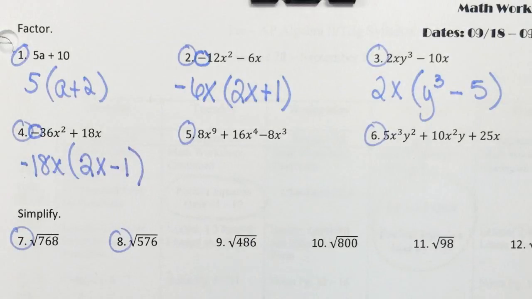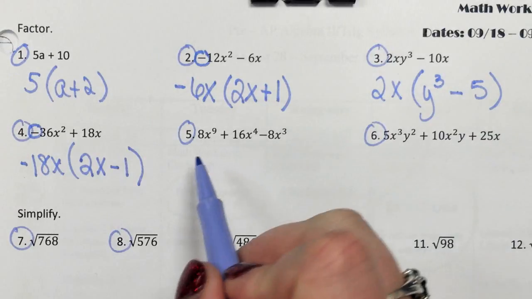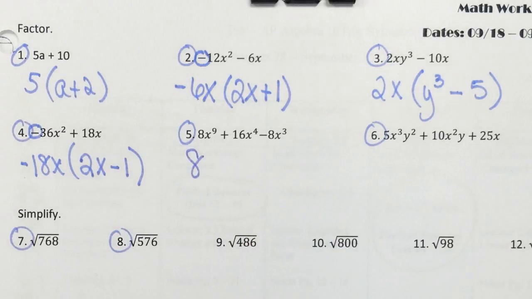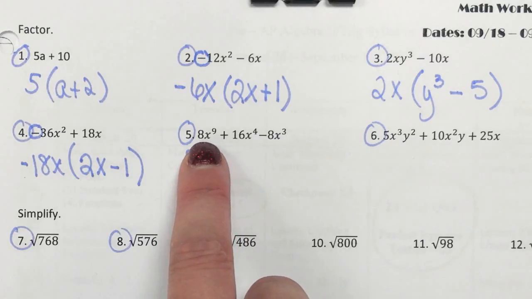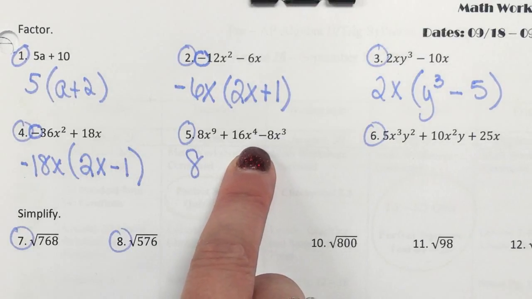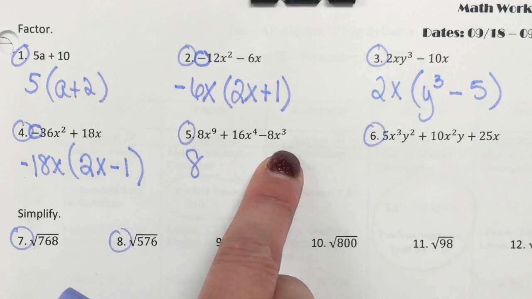Y'all okay? All right, what about number 5? There's just 3 of them. Don't worry. What's the number? 8, 16, and 8. What number? 8. All right, now look. You got 9 X's. You got 4 X's. And you got 3 X's.